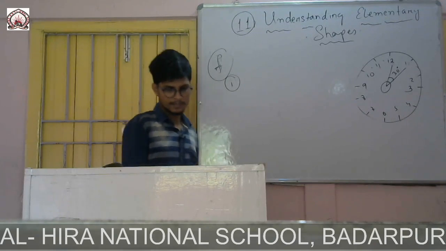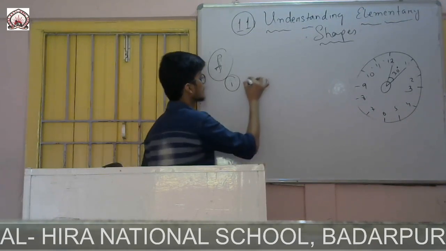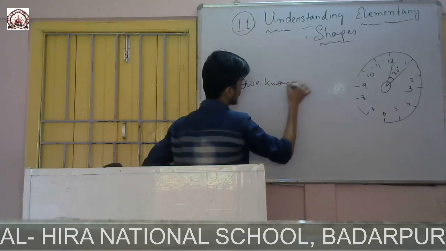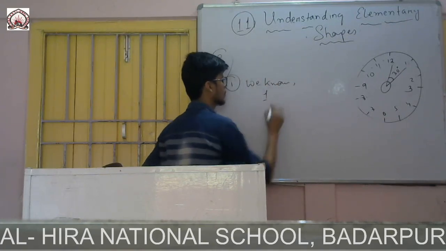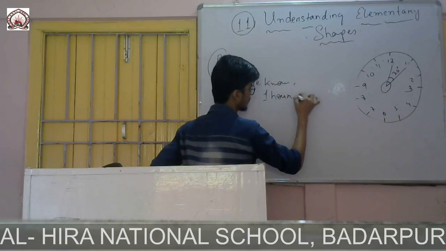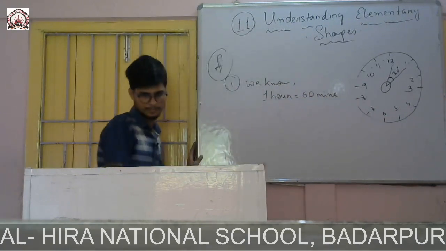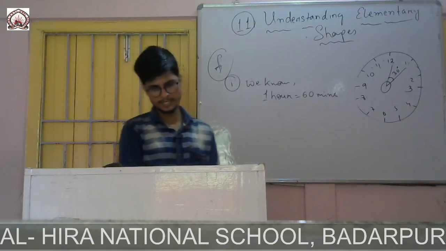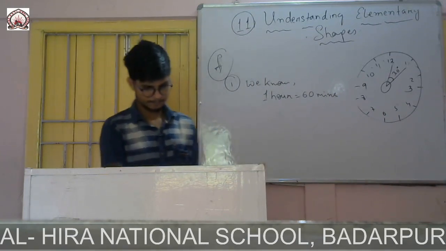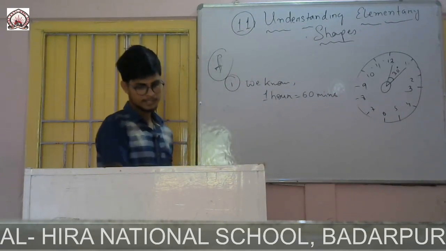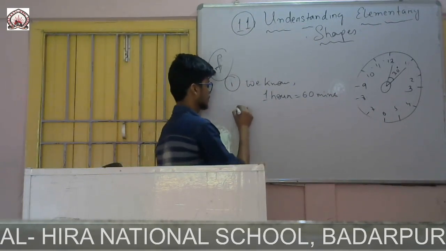So it is 1 minute. We know 1 hour equals 60 minutes, so we have to convert this. That means in 1 hour, in 60 minutes, the hour hand turns.